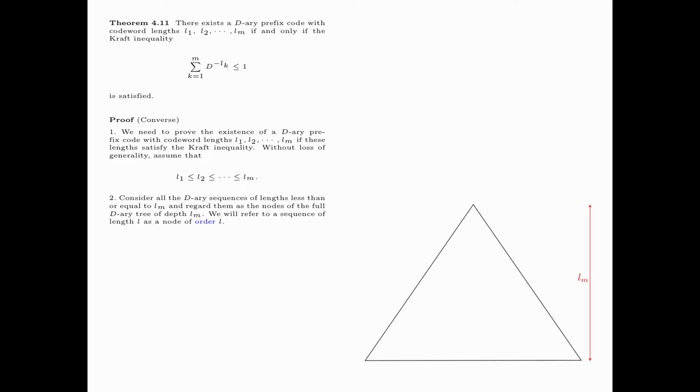We will refer to a sequence of length l as a node of order l. Now there are D to the power l_1 nodes of order l_1 which can be chosen as the first codeword, because we assume that l_1 is greater than or equal to 1. This is illustrated in the figure.